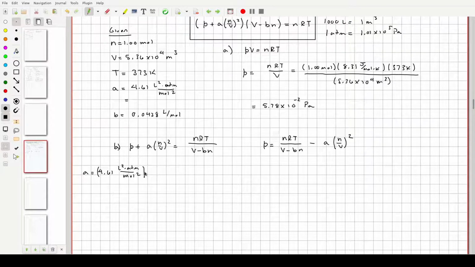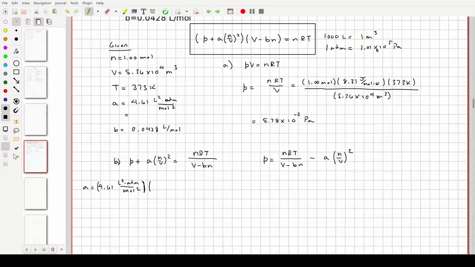But what we do need to do is to handle the liters and the atmosphere. So if you think about it, we know that there are 1,000 liters per cubic meter. So for every liter, we have to divide by 1,000 to get rid of it and put cubic meters there. So we have to do that twice because there's two of them. And then we have an atmosphere. And we know that there is 1.01 times 10 to the fifth pascals for every one atmosphere.